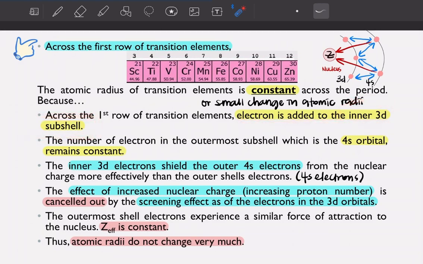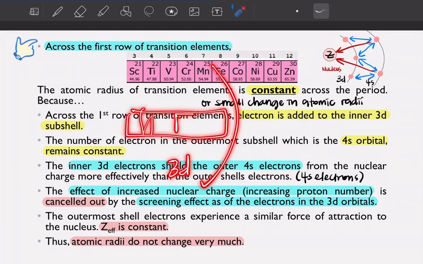Okay, so it is not added in the 4s orbital. So your number of electrons in the outermost subshell, which is 4s subshell, will remain constant. Sama je. Okay, so bila awak add in electrons kat dalam your 3d orbital tu, makin lama makin banyak.